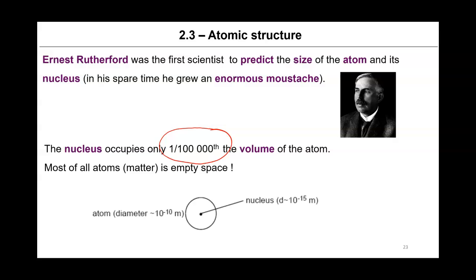What this really means, which is quite surprising, is that most of all atoms, or most of all matter, is empty space. And what we mean by that is that the atom is composed of a tiny nucleus with electrons at great distance from that nucleus, and then most of the volume of the atom is the empty space between the nucleus and where the electrons are.